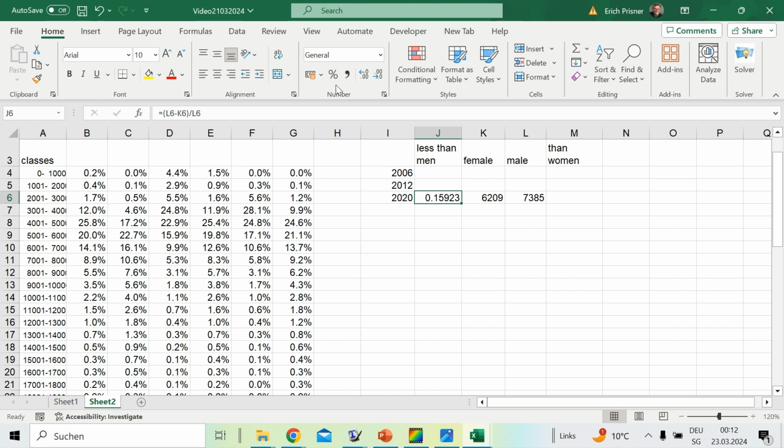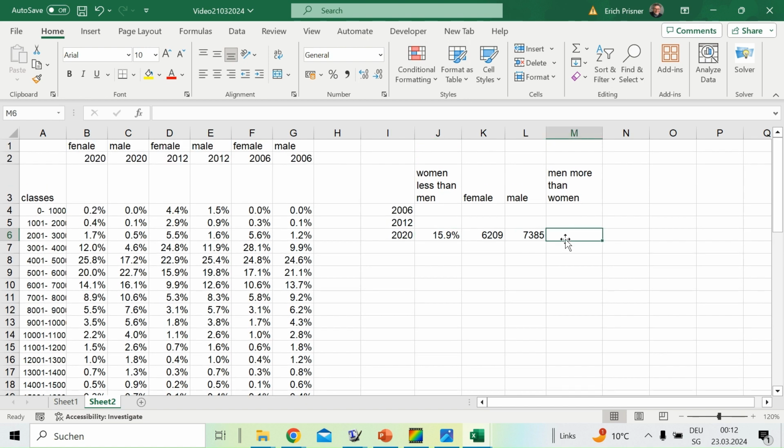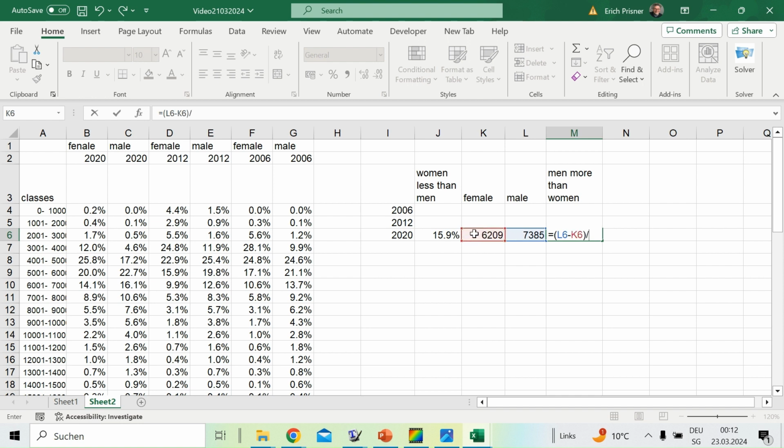I want to see it in percentages. I click on it, I put in percentages. Maybe one decimal is good. 15.9% less. So females get 15.9% less than males, 2020 Switzerland. How much more do men get than women? So the formula is a little different. It's still the difference between both. So I'm doing this one, the difference between male minus female, divided by the female average now.